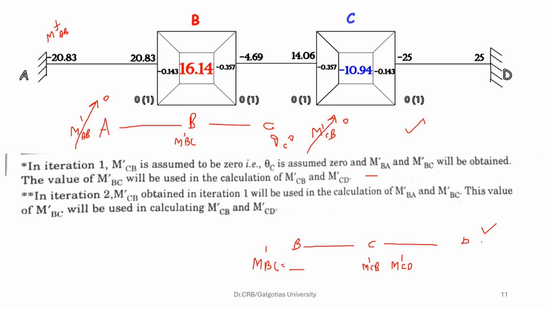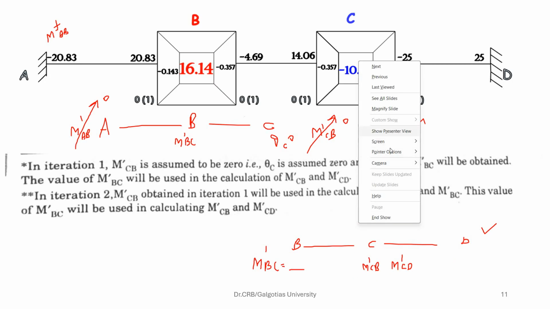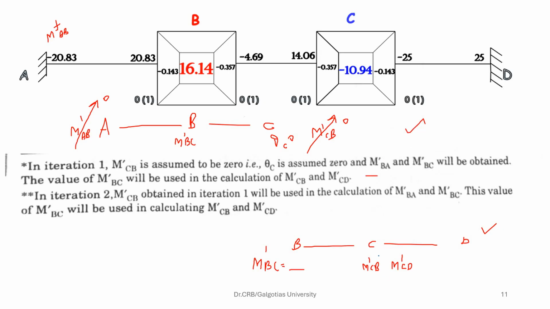Now you have obtained M dash CB. So this is iteration 1. Through iteration 1 you have obtained a new value for M dash CB.